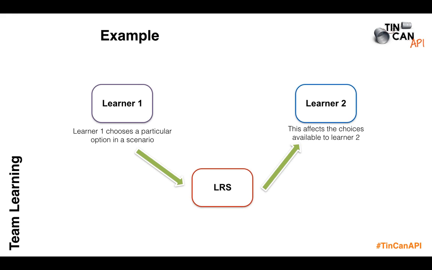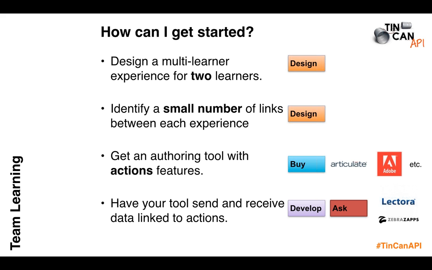It might also be that there's some kind of chat feature that allows learner one and learner two to communicate with one another, either at the same time, or maybe it's turn-based. They take it in turns to do their part whenever they've got time to log on. Just because it's team-based, it doesn't mean that team members need to be doing the learning experiences at the same time.